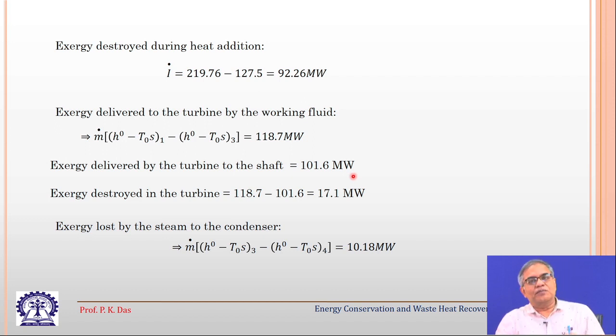The power of the plant is 100 megawatt if you remember, but it is more because it also includes the pump work. Pump work is supplied from the turbine itself. So, this is the work done by the turbine, whereas exergy delivered to the turbine is 118.7 megawatt.